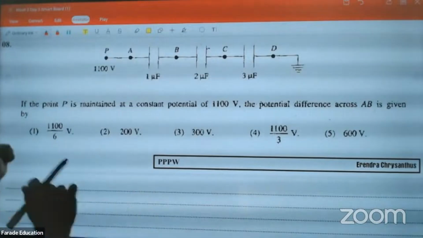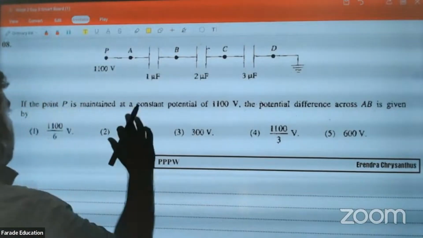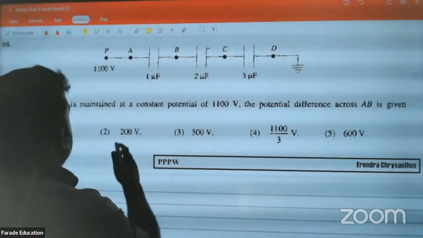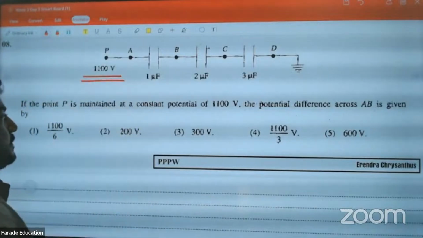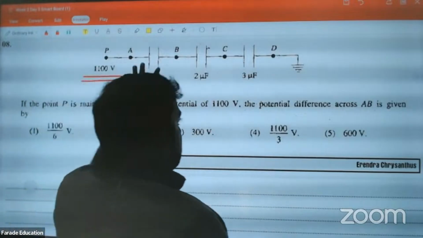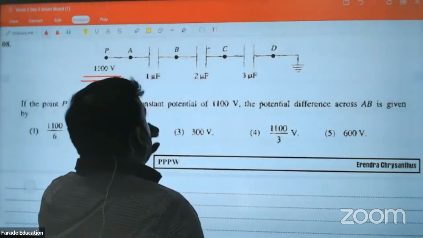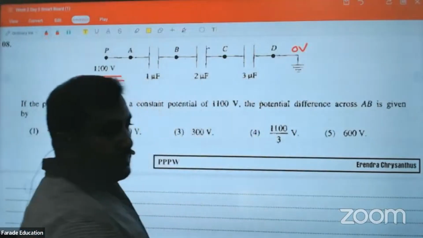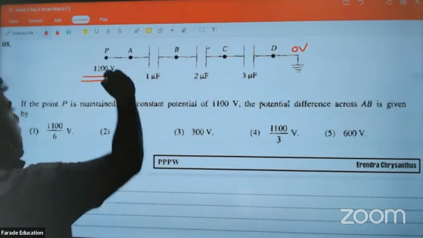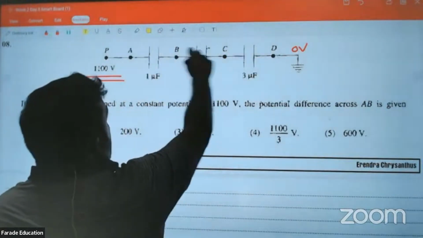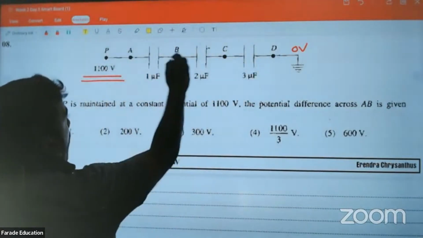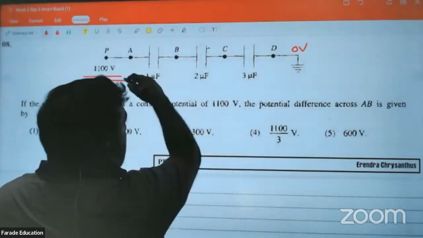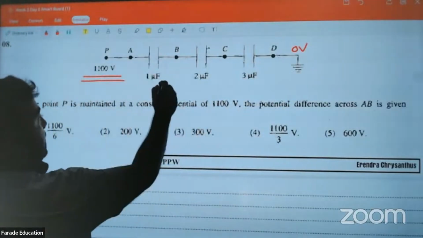Right. Moving on. If point P is maintained at constant potential 1100 volts, the potential difference across AB is given by, right, this is 0 volt, grounded. High potential to low potential charges can move. So all these will have the same charge. Capacitors are in series.